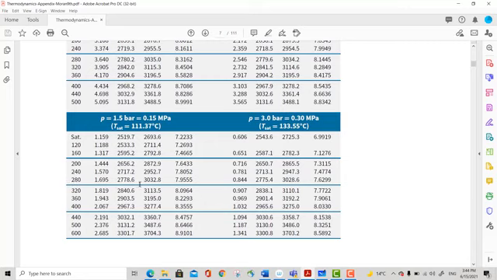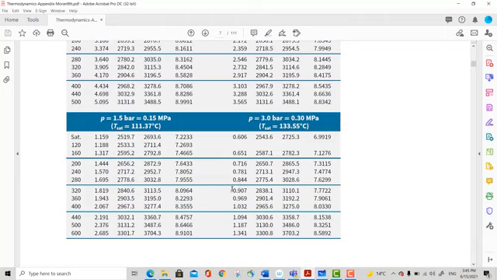And so this is where I'm saying the two scenarios of the students come up. Either the first student knows that he's at the right table. He says, hey, I am supposed to be at table A4. I am supposed to be at pressure 3 bar, and I'm supposed to be looking for a temperature of 300. It is not here, and I'm not really sure how to get these values.